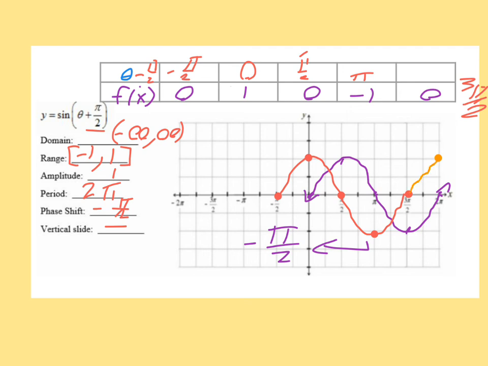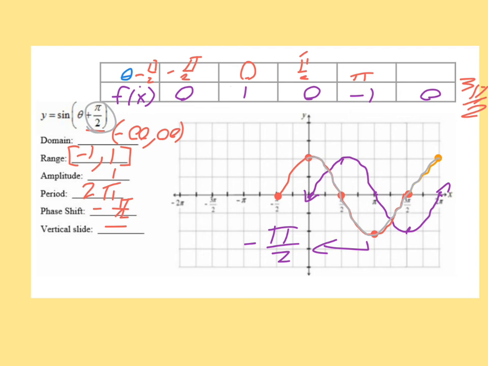If we extend that out, when we take a look at just this portion here in gray, what we have there is essentially the cosine graph. The sine and the cosine graphs are separated from each other by pi over 2.